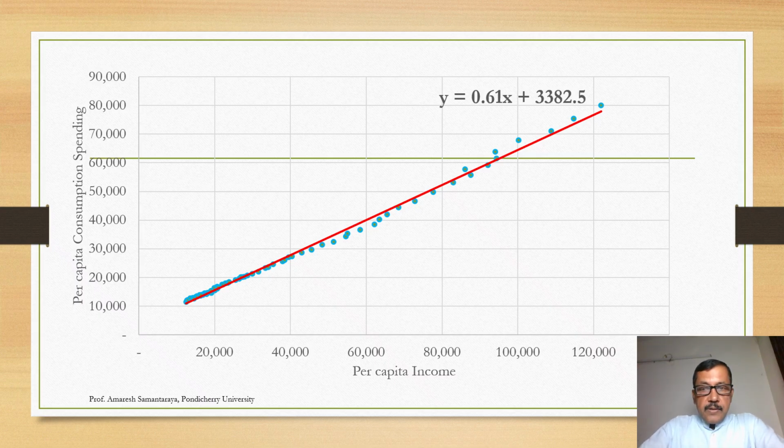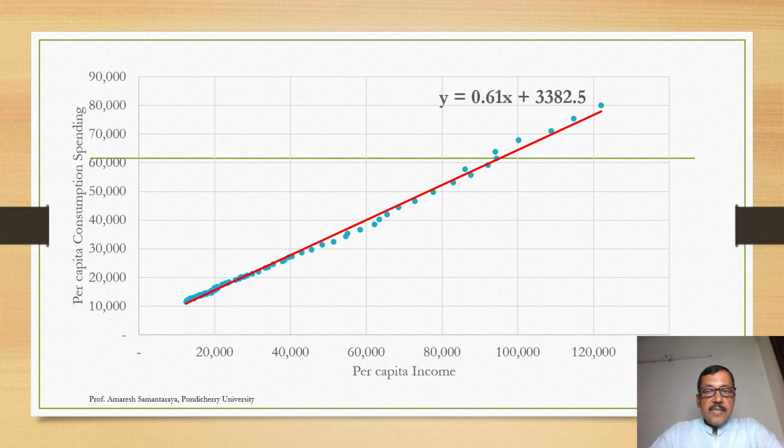The scatter plot, the blue dots, explains the relationship between per capita income and per capita consumption spending in India. My dependent variable C is on the y-axis and my independent or explanatory variable is on the x-axis. The scatter plot given in blue dots explains the relation between them.